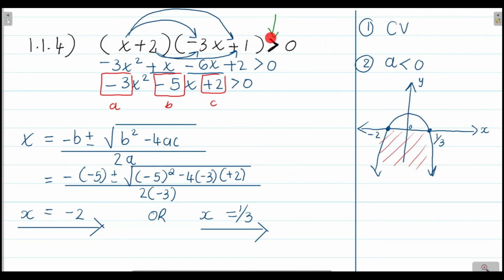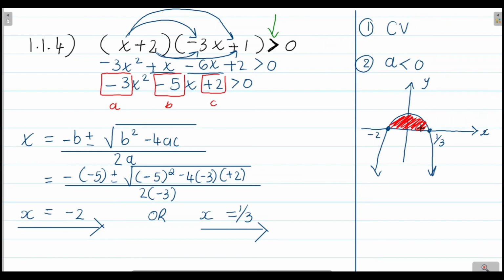So they want to find out where this function is greater than 0. So this function is most definitely greater than 0 there, because we can see that there, the function is above our x-axis, right?